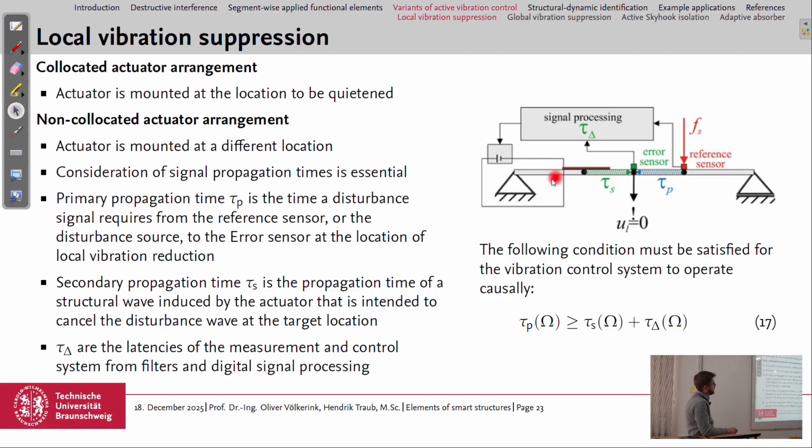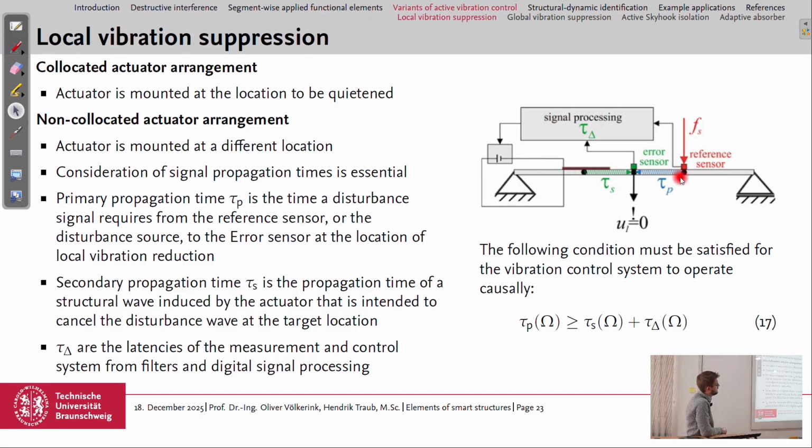So this is already a limitation: if the structure has the same cross-section over the whole length, then we need to place this actuator closer to the point than our disturbance. And in addition, we have also some latencies, theta delta, which come from the filters and the digital signal processing, because we have a signal processing control loop.